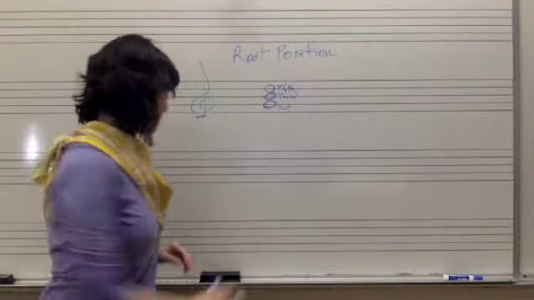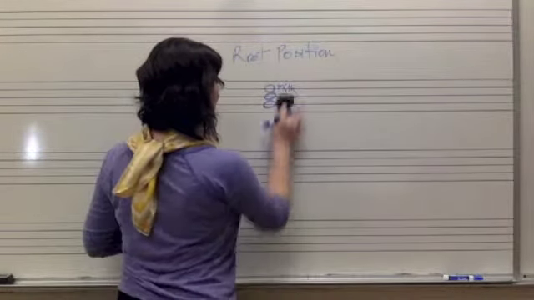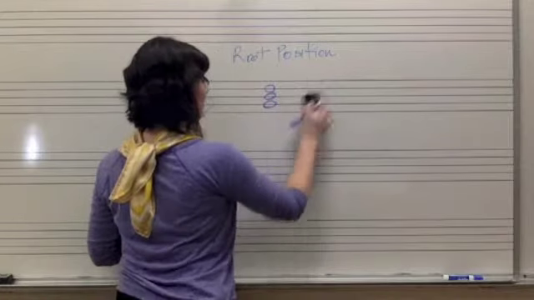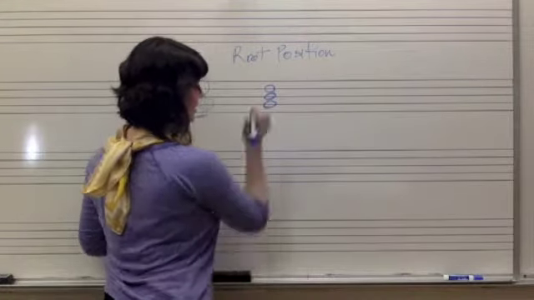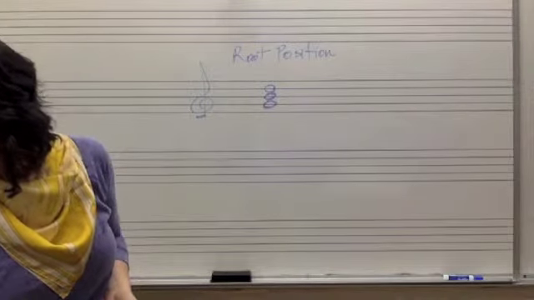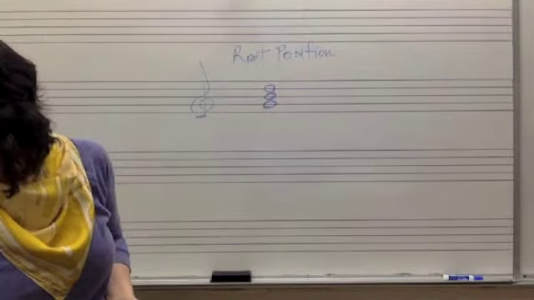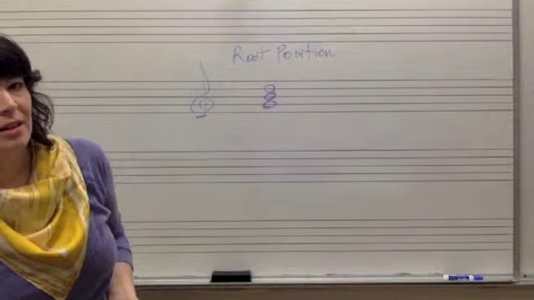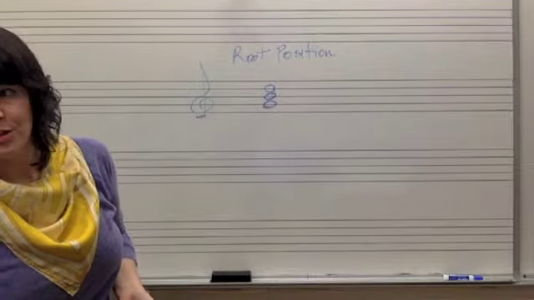So in this case, if we look at our structure, we can see that G to B, right? We've got G, B. So that's a major third.